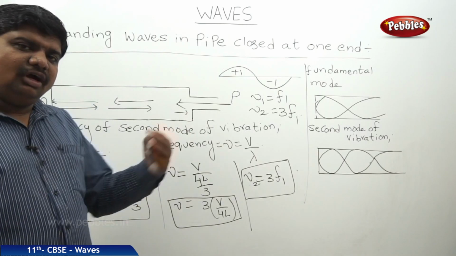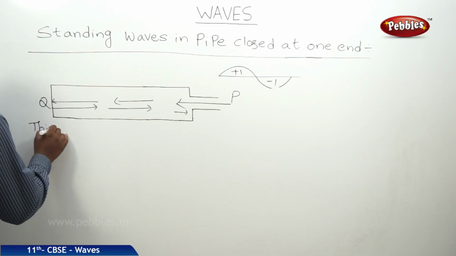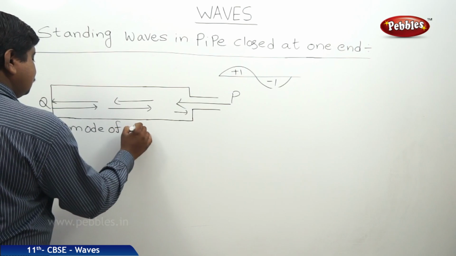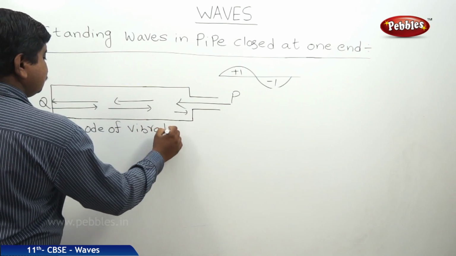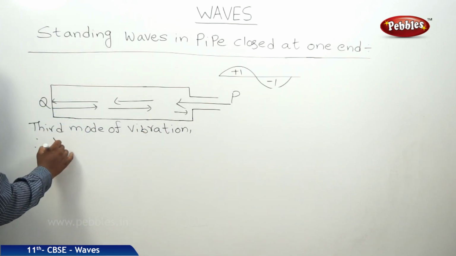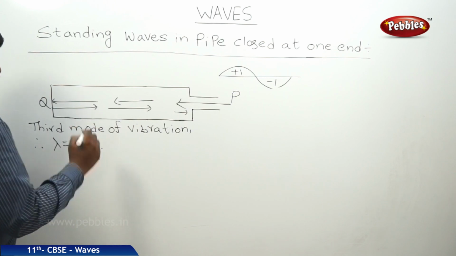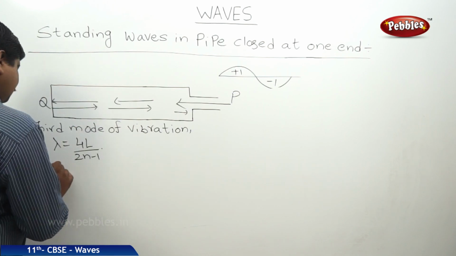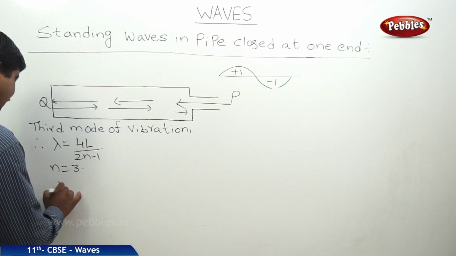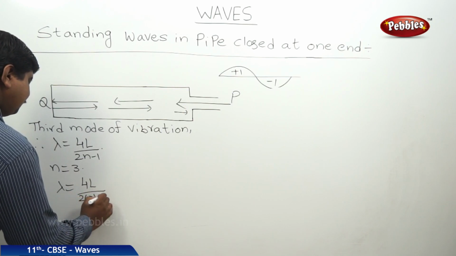Next we will see the third mode of vibration. Here lambda is 4L by (2n minus 1). Third mode of vibration means n is equal to 3. Therefore lambda is equal to 4L by (2 into 3 minus 1).